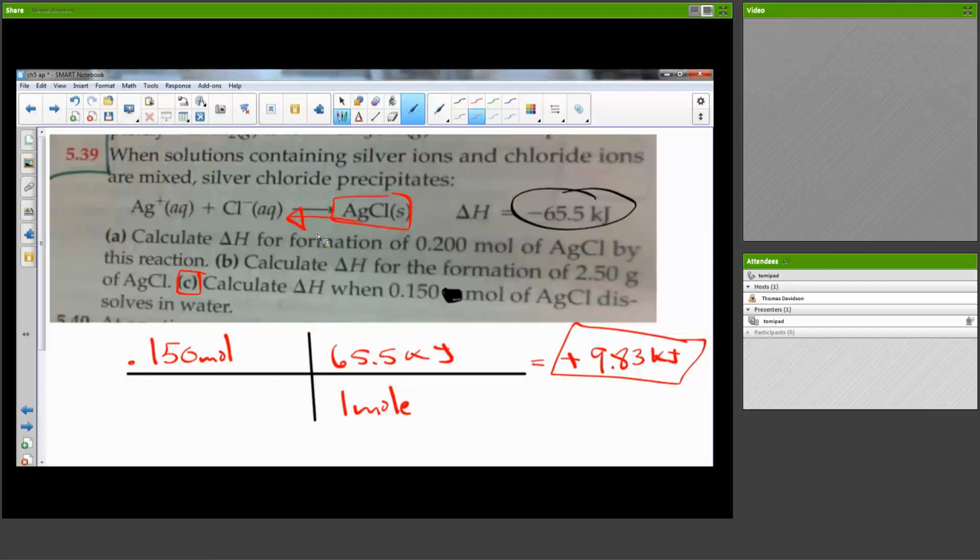Because nature always wants to be where there's lower enthalpy. Which side here has lower enthalpy? The negative means this has lower enthalpy. So silver chloride is a precipitate because it is what we call thermodynamically favored.